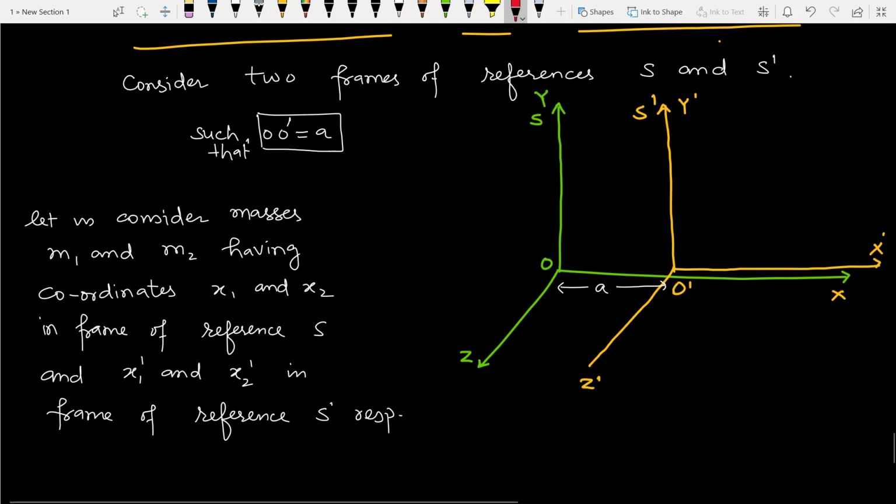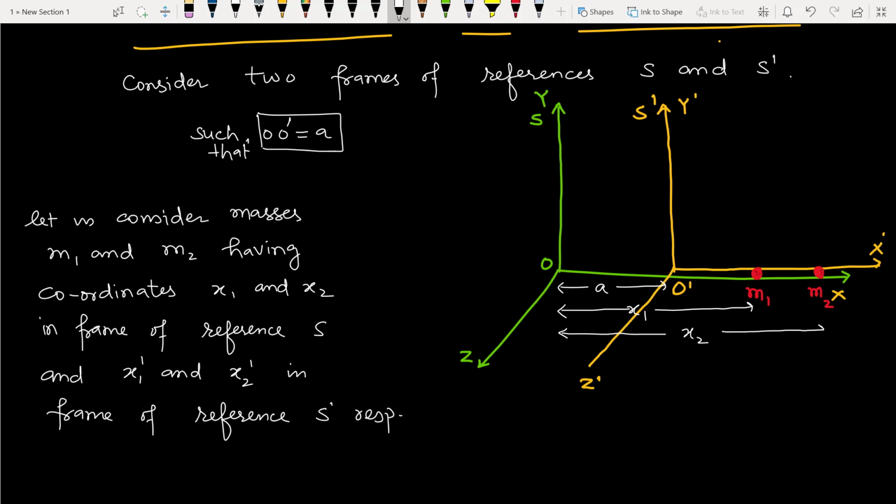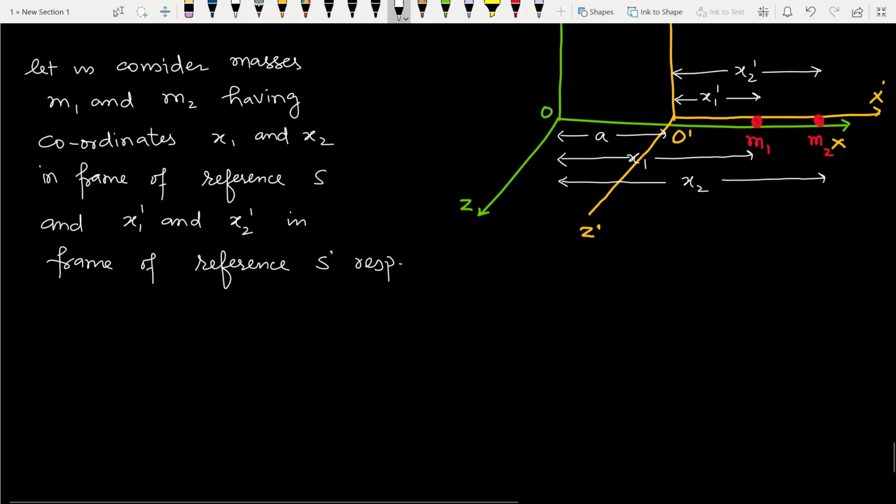So if we are to depict these two masses, say this is mass M1, this is mass M2, and they have coordinates x1 and x2 in frame of reference S, and this is x1 dash and this is x2 dash in frame of reference S dash, and clearly we can see x1 dash is equal to x1 minus A, x2 dash is equal to x2 minus A.